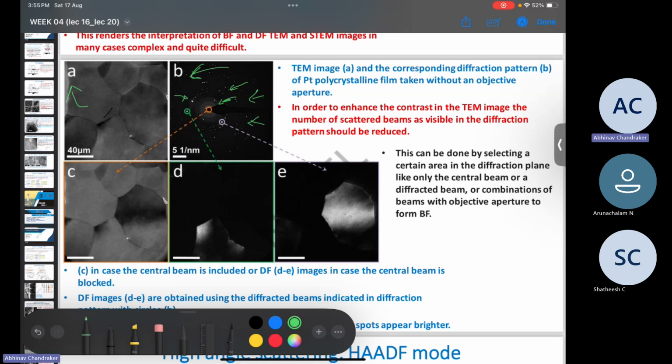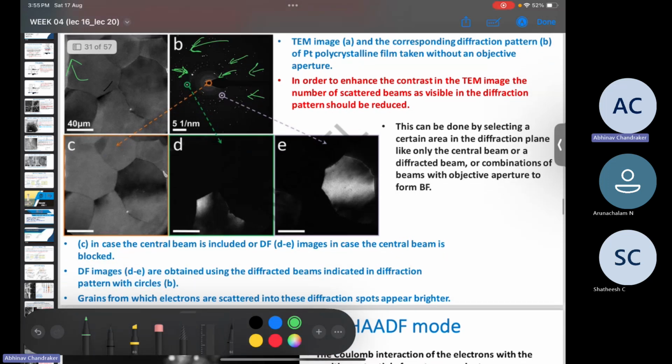These basically represent the planes which are diffracting the electron beam, and they give information related to the crystallography of the specimen, the crystal structure of different regions of the specimen.